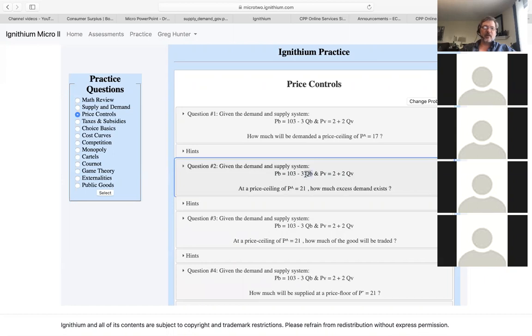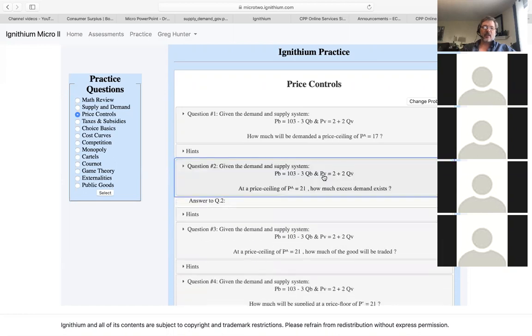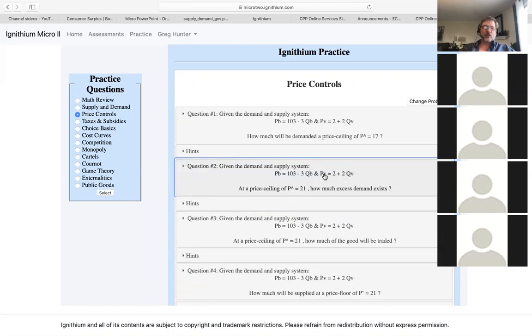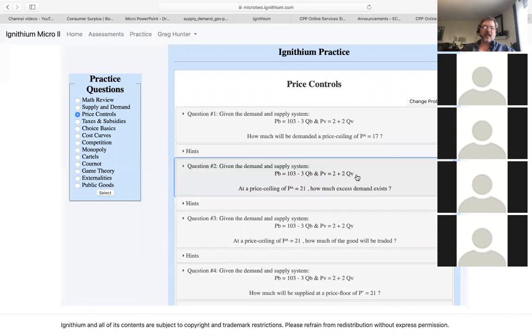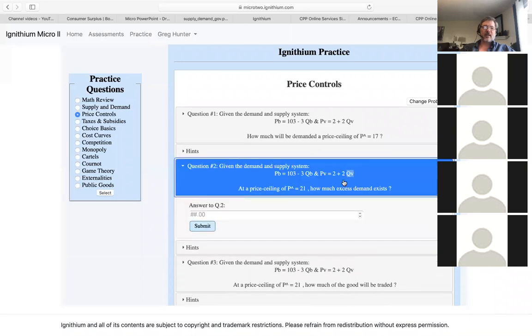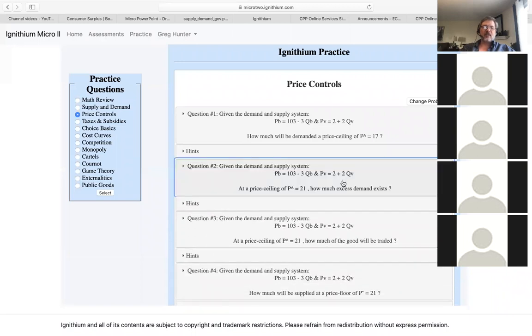Over here, 21 is the price the suppliers are facing, and you want to find out the quantity supplied. So it's going to be (21 minus 2), which is 19, divided by 2. That'll give you the resulting quantity supplied, 9.5.